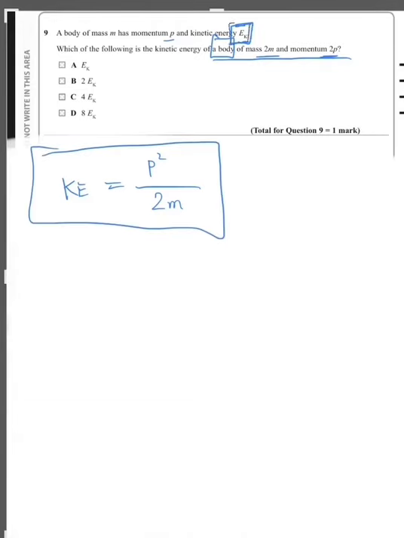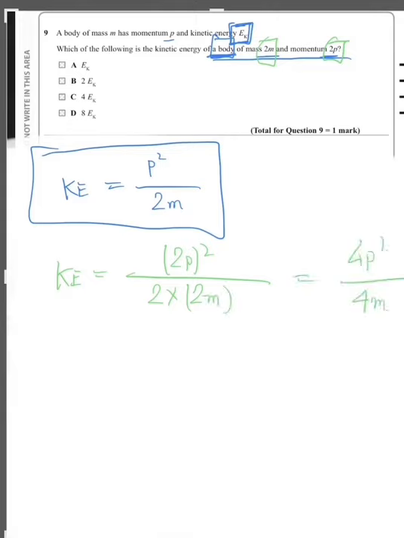So for the other body, the kinetic energy would be something like this. K equals p square, right? But we have 2p here. So (2p) square divided by 2 into m. M is 2m. So we have 2m here. So we would have 4p square by 4m, which is p square by m.